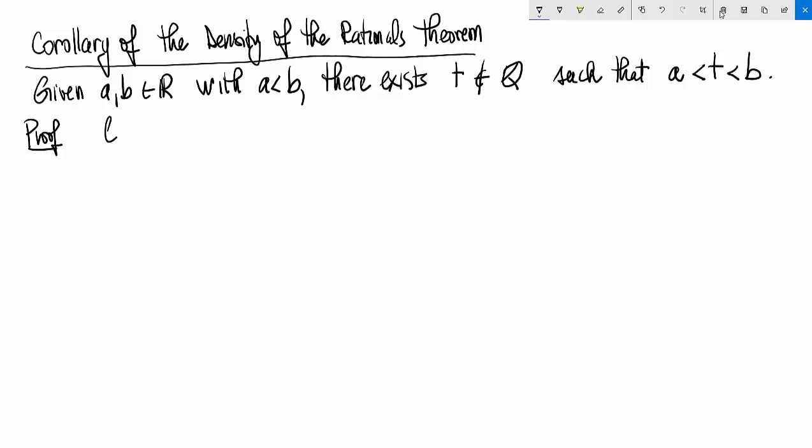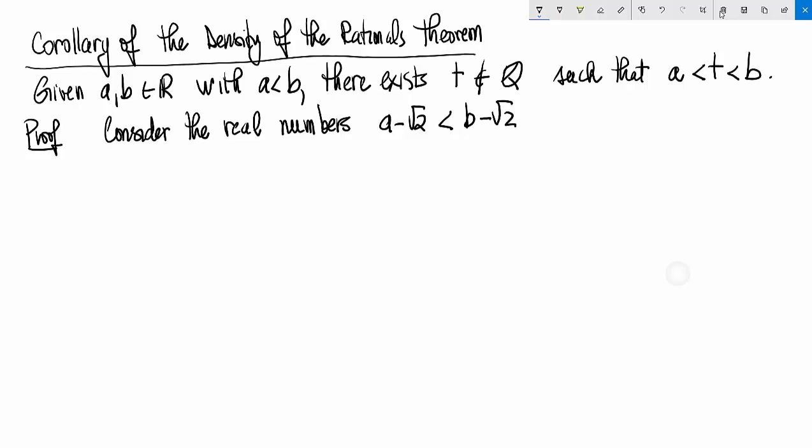So let's consider the real numbers A minus square root of 2 and B minus square root of 2. Because A is less than B, then of course A minus square root of 2 is less than B minus square root of 2.